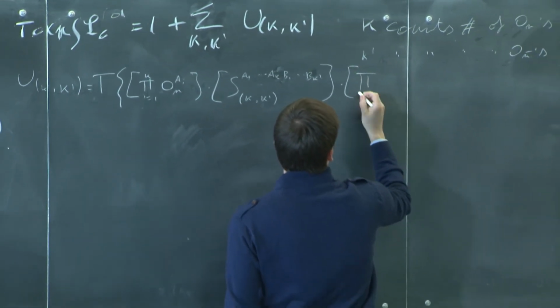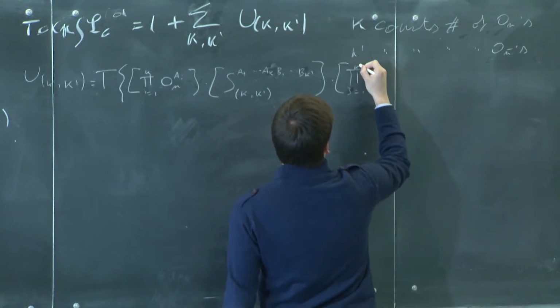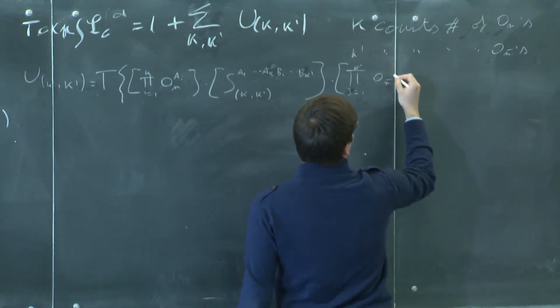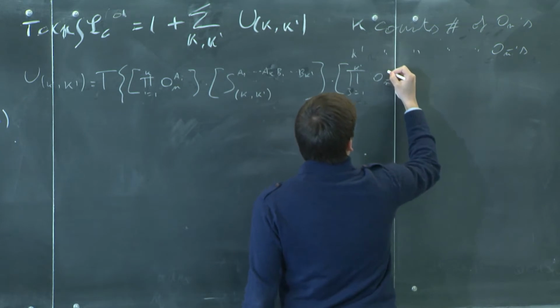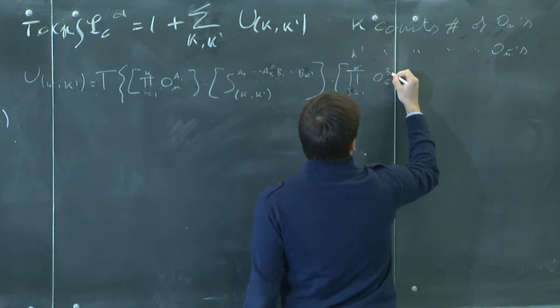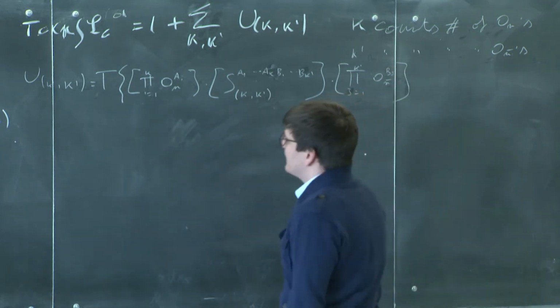So j goes from 1 to k prime, the product of k prime O_n bar operators, so B_j.